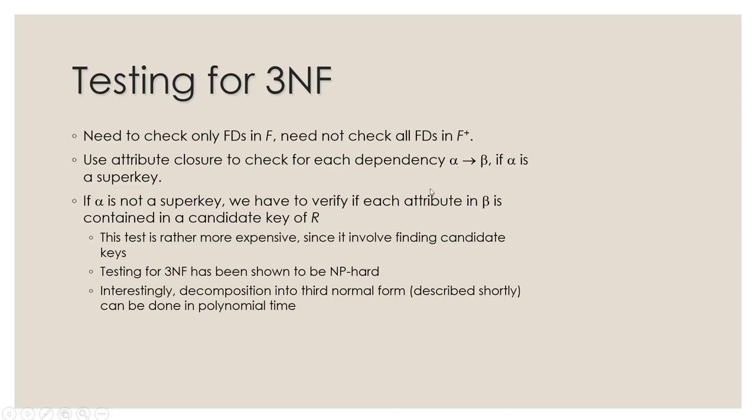So you would do alpha, with the closure sign, which is the plus sign, and see what you can get. If with the left-hand side you're able to get the whole relation R, we know that this is a super key. If that's not true, then you go to the third option and see if the right-hand side, which is beta, is part of a candidate key. We call that a prime.